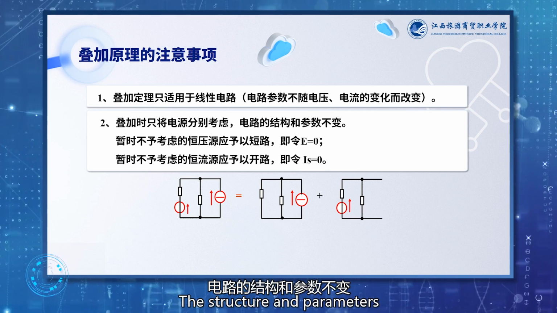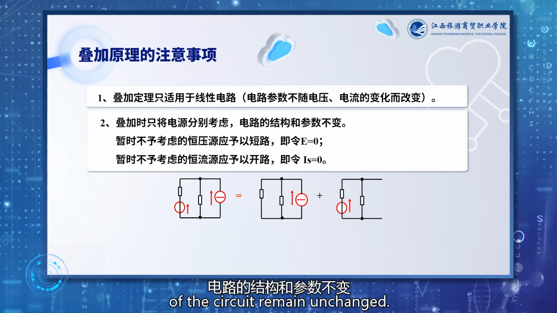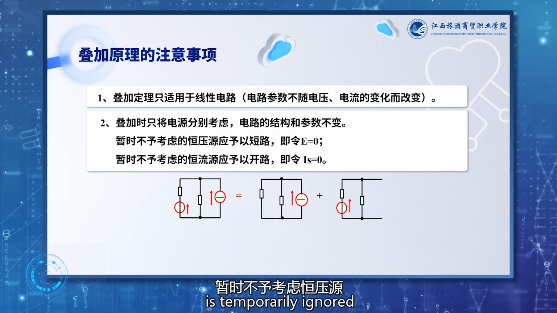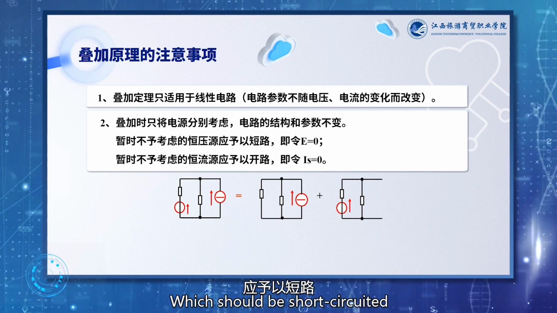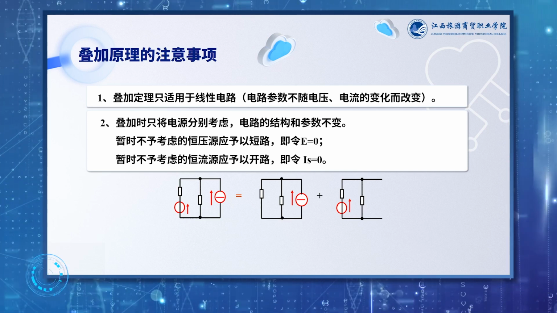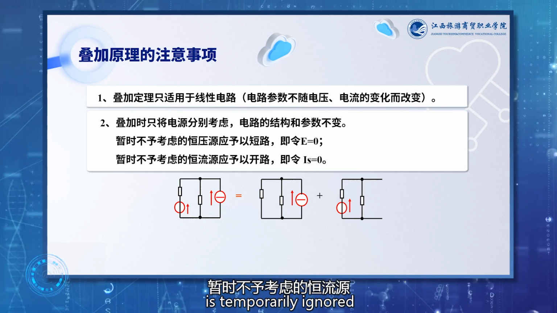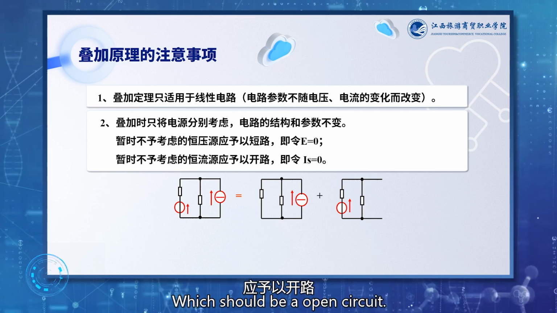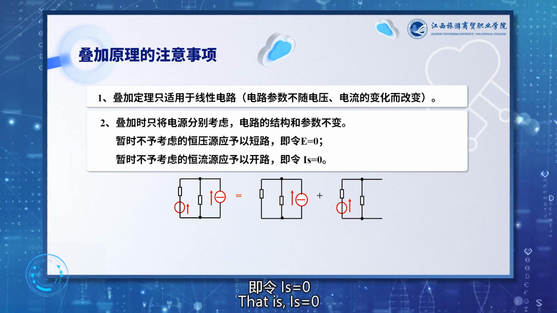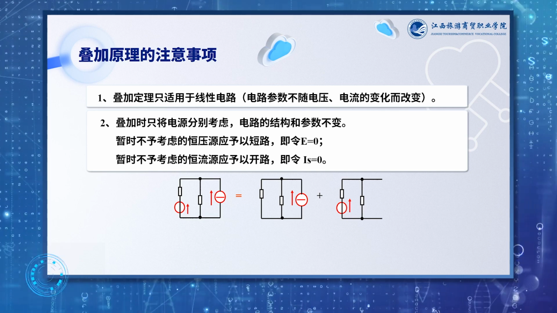The structure and parameters of the circuit remain unchanged. The constant voltage source is temporarily ignored, which should be a short circuit, that is, E equals 0. The constant current source is temporarily ignored, which should be an open circuit, that is, IS equals 0.